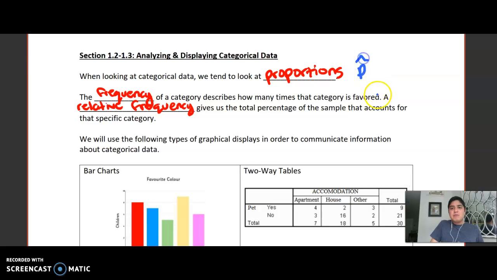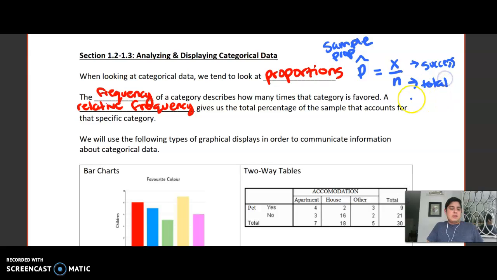We use this little p with the hat, which stands for our sample proportion, and this is found by taking x over n, where x is going to be our number of successes, and it just means the number of objects that we favored, and n is going to be the total. We're going to learn a little bit more about how we define variables in this course later, but for now, a sample proportion is just going to be the number of favored outcomes over the number of total outcomes for that category.